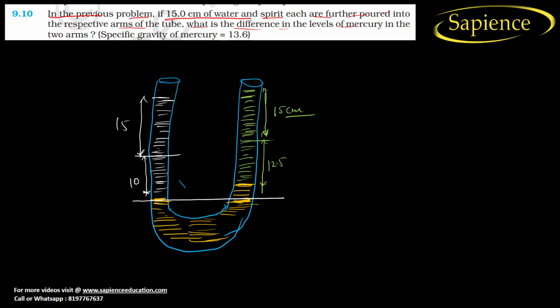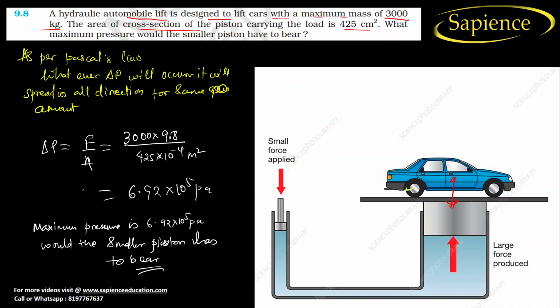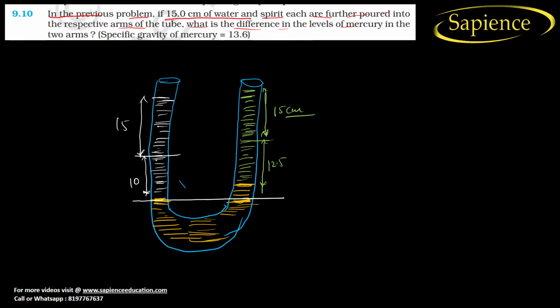Now one thing is clear: in the earlier case, due to this 10 centimeter and 12 centimeter, we were getting the same amount of pressure, that is the same level. So what happens if I remove this 10 centimeter and 12 centimeter?